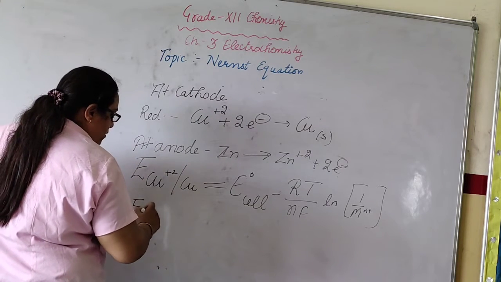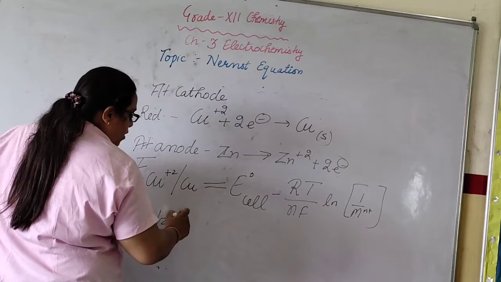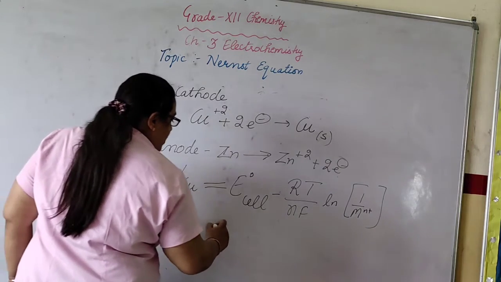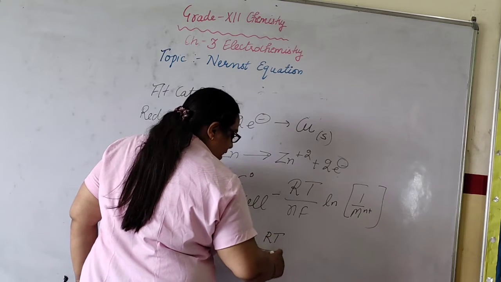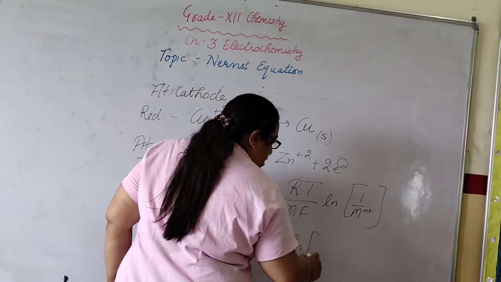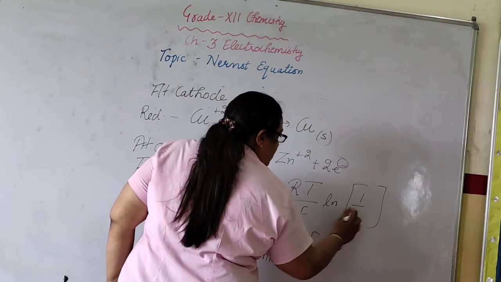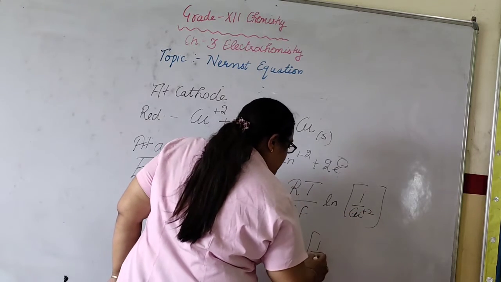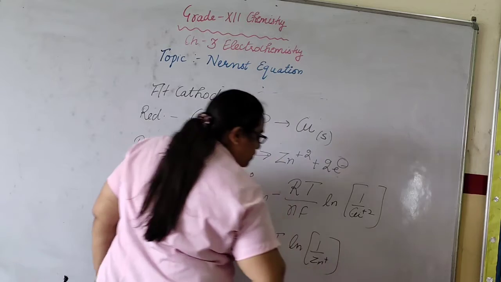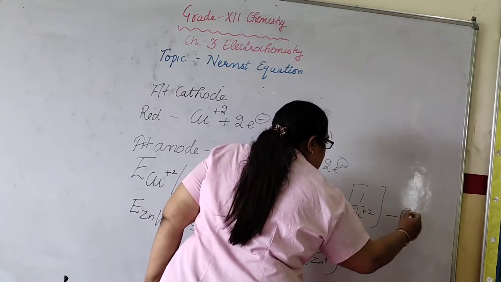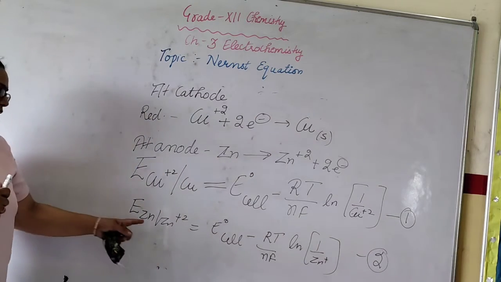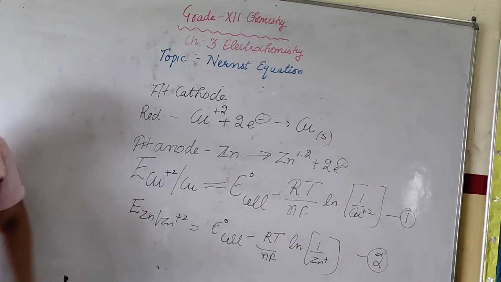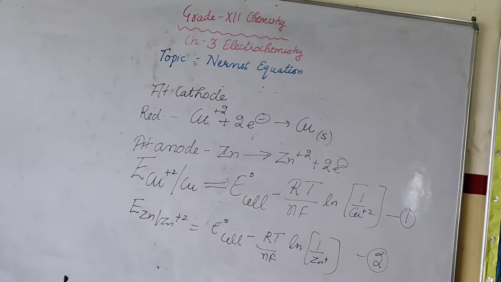Similarly at the anode, it is equal to E naught of cell minus RT over nF ln 1 over the concentration of zinc. This is equation 1, this is equation 2. This reaction is occurring at the anode and this reaction is occurring at the cathode. Now what is the cell potential for the same?